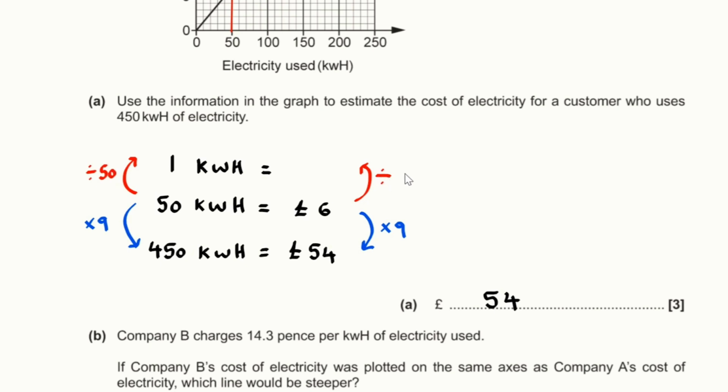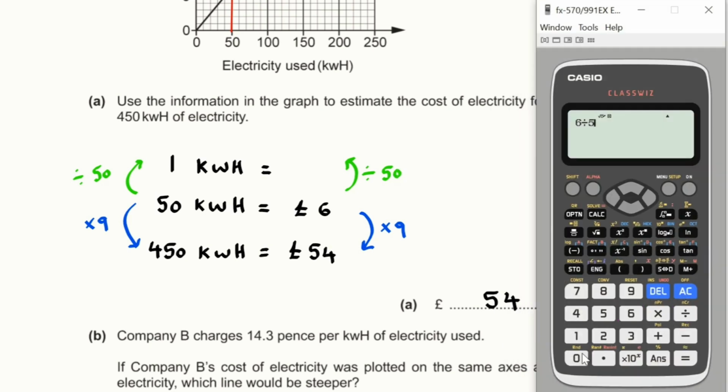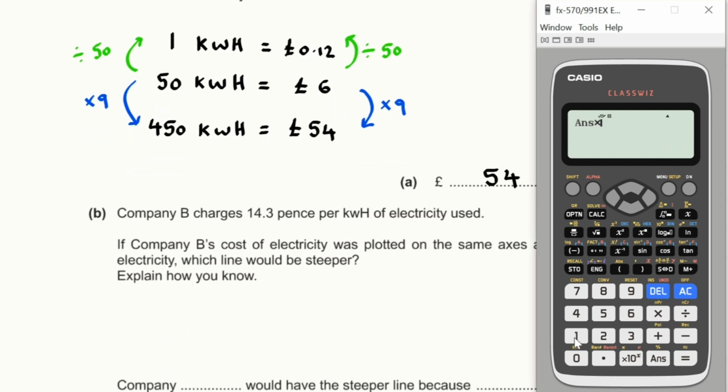And if I divide by 50, I need to divide by 50 and divide by 50 over here. So 6 divided by 50 is 0.12, which is the same as 12 pence.